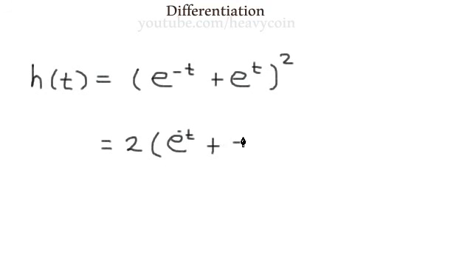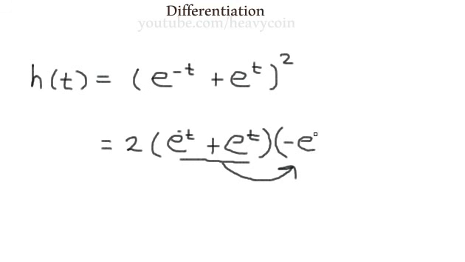Subtracting 1 from the exponent, so I'm not going to write it there, just 1 there. And then we take the derivative of what's inside and chain it out, right? So the derivative of e to the negative t is going to be negative e to the negative t, right? The derivative of negative t is negative 1, bring it out front, plus, and the amazing thing is that the derivative of e to the t is just e to the t. It's an amazing thing. And of course this is h prime of t.